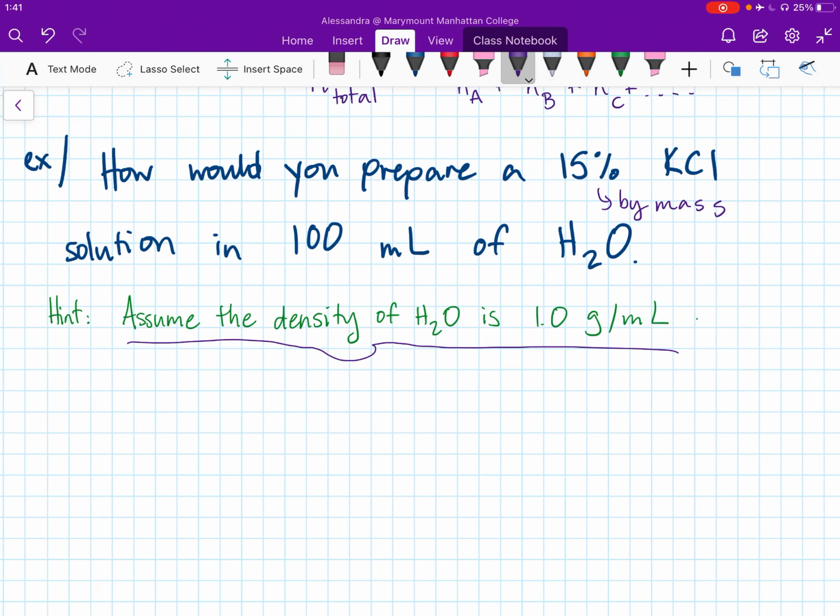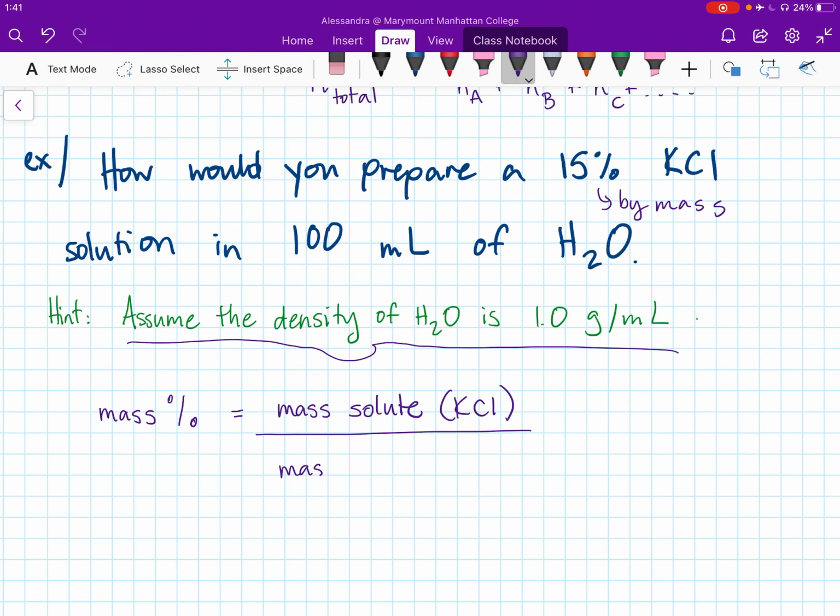Whenever we do a problem like this, I like to start with the definition of the unit. So here, because I'm working with mass percents, I want to define what mass percent means. As we just said, mass percent is literally the mass of the solute, which here is KCl, over the mass of the solution.